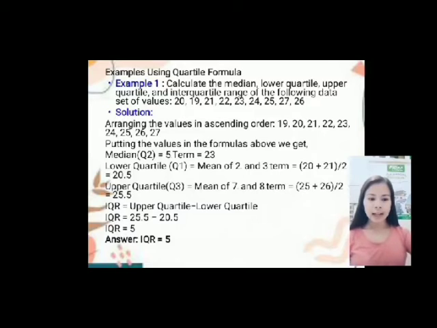The lower quartile is the mean of the 2nd and 3rd terms, so 20 plus 21 divided by 2 is equal to 20.5. The upper quartile is the mean of the 7th and 8th terms: 25 plus 26 divided by 2 is equal to 25.5.